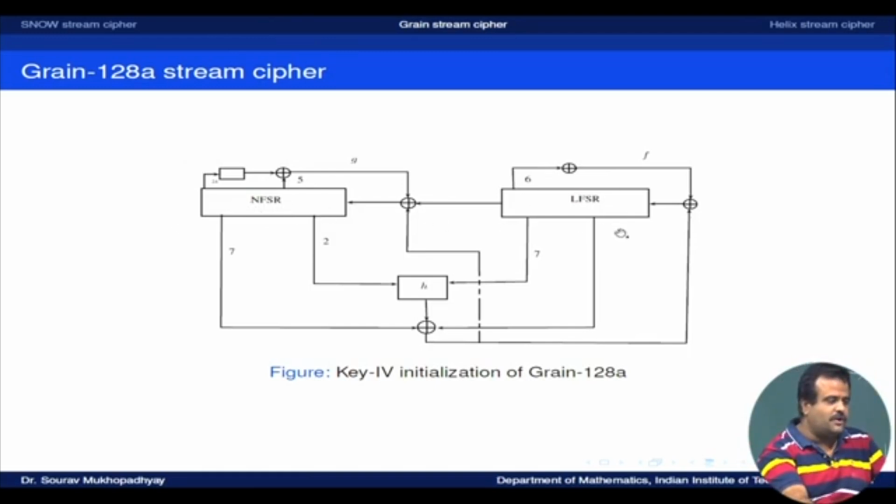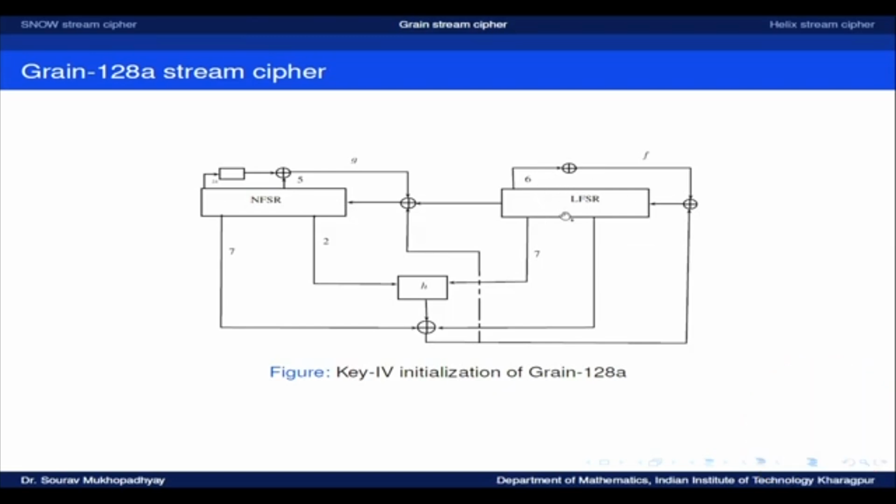This is also 128 bits. So our key is 128 bits, which we put into the NLFSR, and the IV is 96 bits. So we put the IV in the first 96 bits of the LFSR, followed by all ones, and the last bit is 0. So that is the initial storing of the NLFSR bits and the LFSR bits.